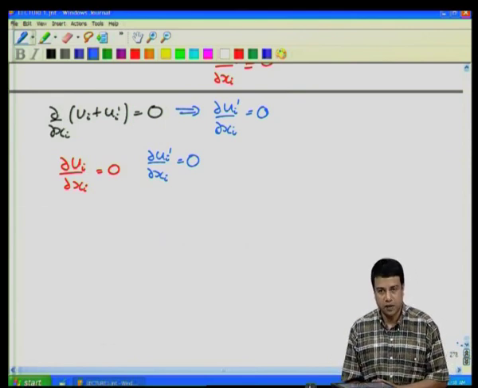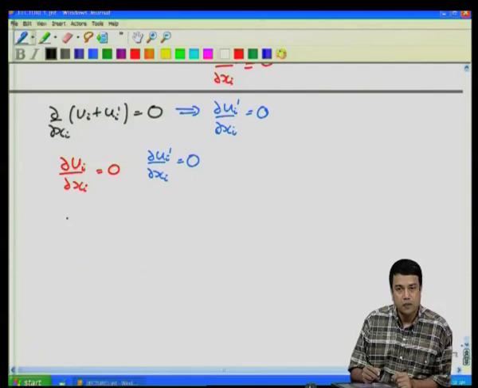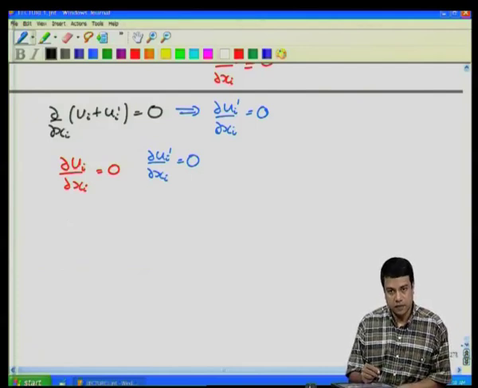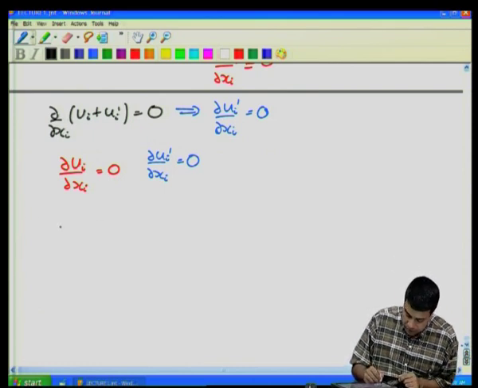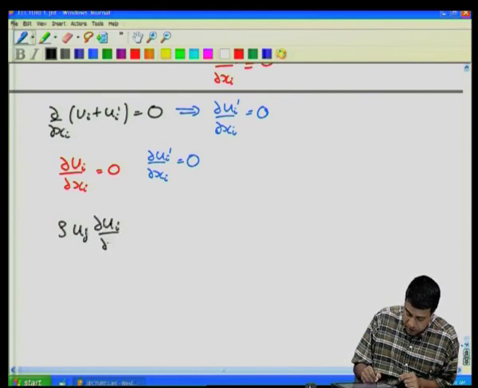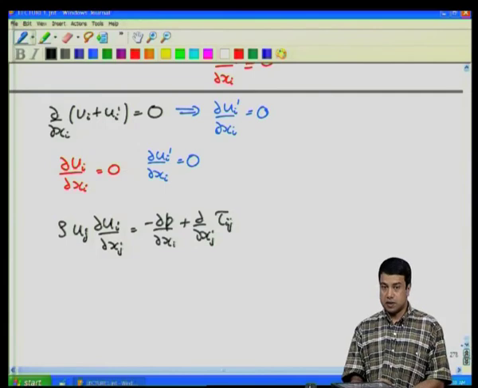Next, we come to the momentum conservation equation. We have neglected the time derivative, since we assumed that the flow is at steady state. So, my momentum conservation equation just reduces to rho u_j partial u_i by partial x_j is equal to minus partial p by partial x_i plus partial by partial x_j of tau_ij, where tau_ij is the shear stress.